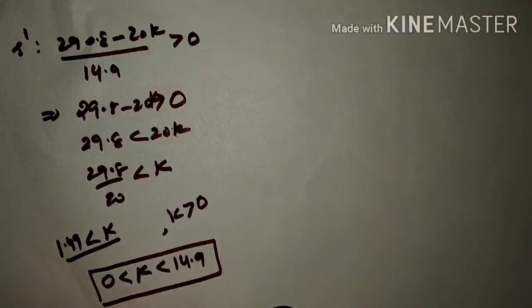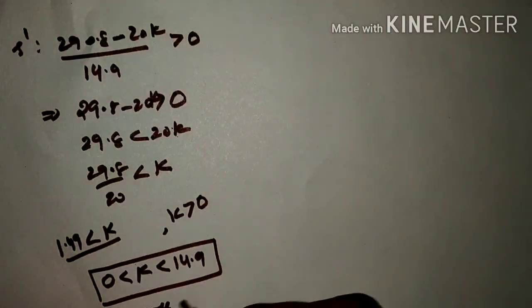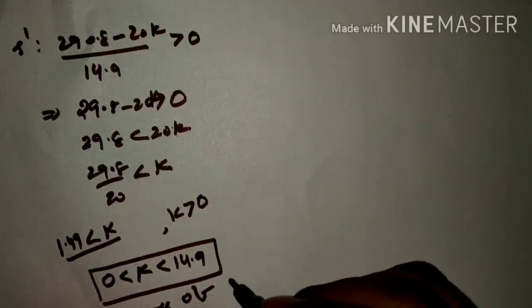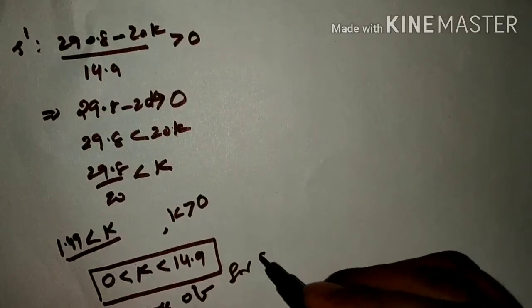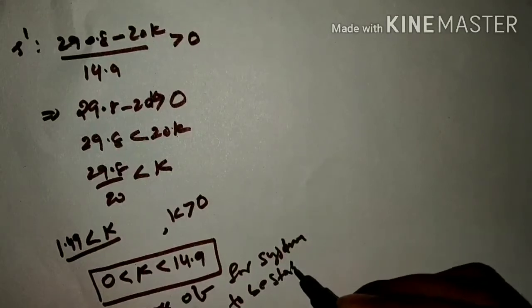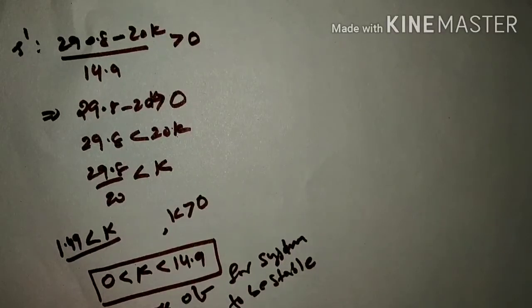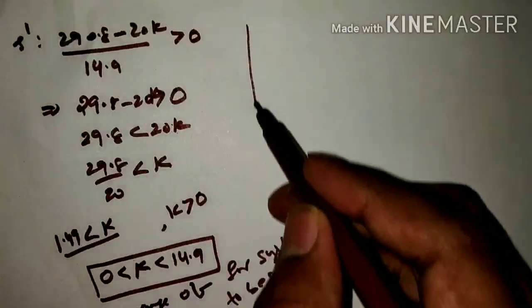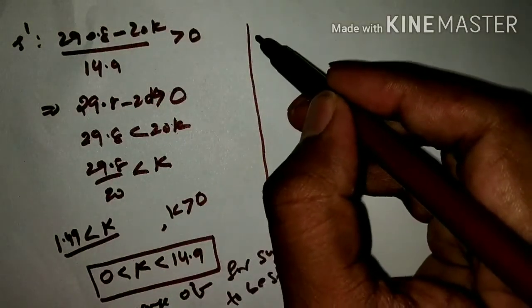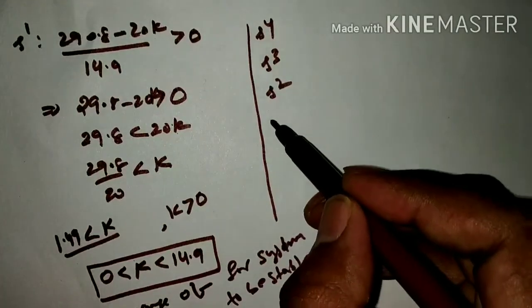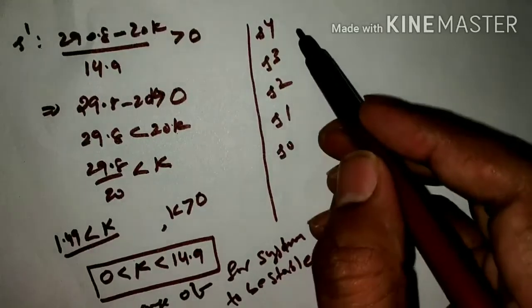This is the range of k for the system to be stable. We will just examine this one. Let's look at the Routh array. I am going to write it here: s power 4, s cubed, s square, s power 1, s power 0.